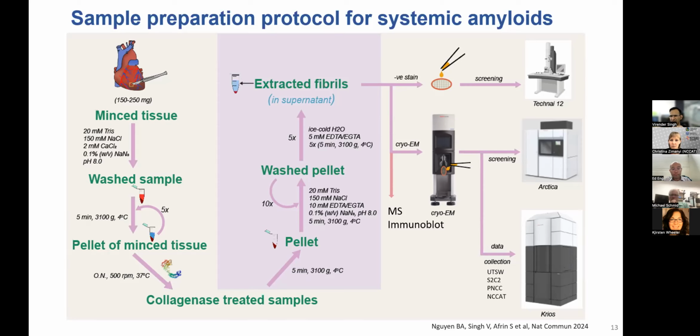So when it comes to systemic amyloid, I think the collagenase treatment is key, and use of EDTA or EGTA is key. No issues of ferritin. If you see mass spectrometry data, you definitely see multiple proteins coming from systemic circulation along with these amyloids, but I think they don't harm or give any issues when it comes to data collection.